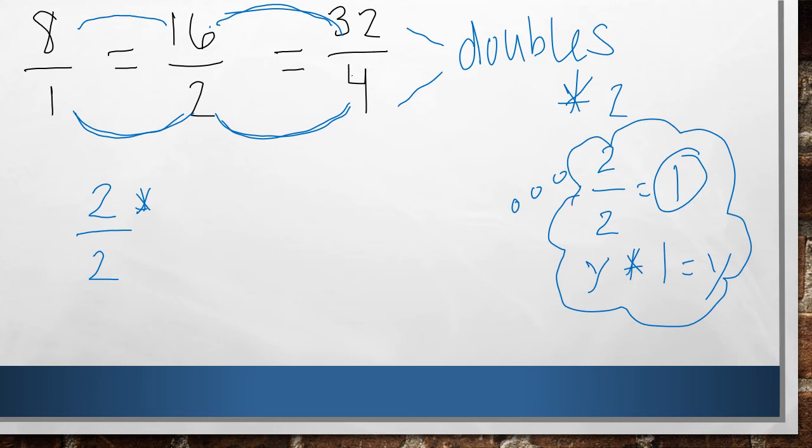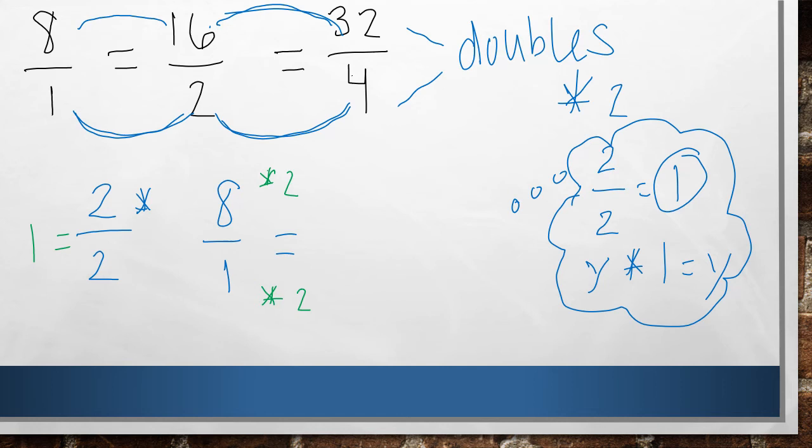Let's try this with our fractions. So if I have 8 whole avocados and I want to find something that's equivalent to it, I'm going to shift colors here, multiply that 8 by 2. But I have to do the same exact thing to the denominator because I know that 2 over 2 is the same as 1. So I'm not changing the value of it.